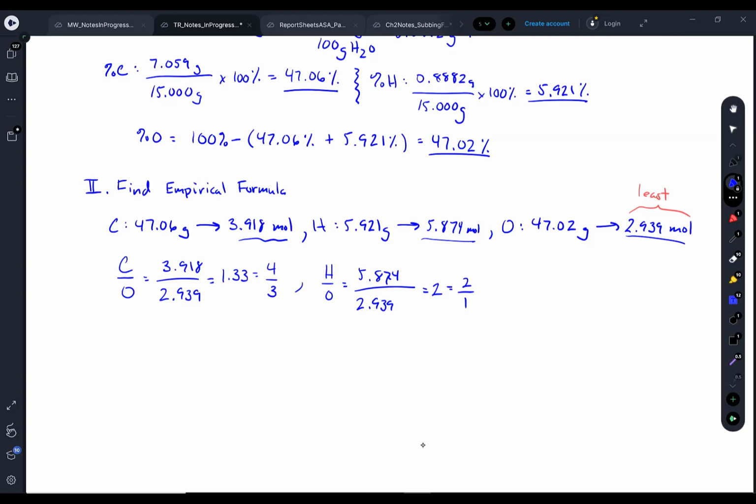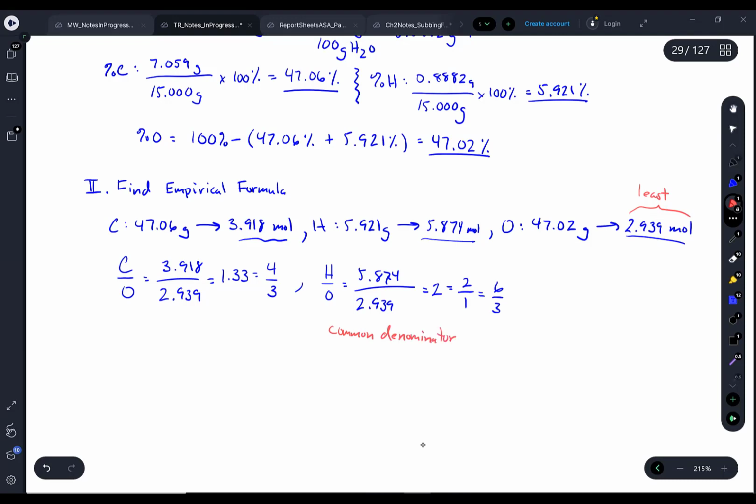And now we run into a problem because in the next step, when we go to write the formula, oxygen can't be a 3 and a 1 at the same time, right? So we need to get this to the lowest common denominator here. So 3 and 1, the lowest common denominator is 3. So we'll leave 4/3 alone, and we'll say 2/1 is 6/3. Good. So again, note that we have a common denominator. Good. So now we find the empirical formula.